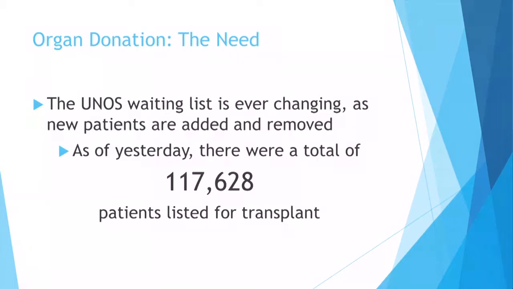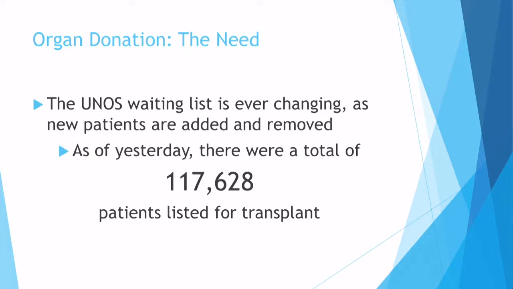It's a numerical order: 1, 2, 3, 4, all the way down to 300, 400, 4,000, 5,000. Our lists are many pages at times, depending on the organ. Blood type also plays a huge role. The primary patient coming up for that offer has the first opportunity for the organ, and the transplant center coordinators work closely with their hepatologist and the liver surgeon to make sure that it's the best fit for that patient.